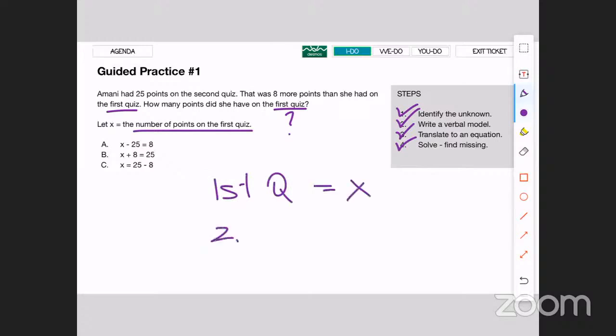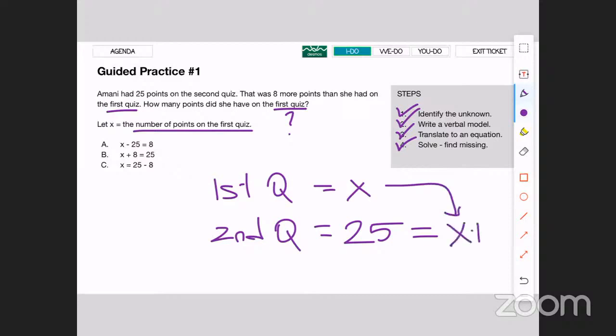So what is your second quiz? It says on the second quiz, she got 25 points. They already told us. And that 25 points is 8 more points than she got on the first quiz. So that 25 is equal to, because if she got x points on the first quiz, it's 8 points more than the first quiz, okay?